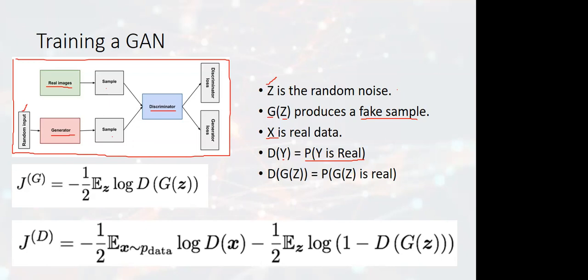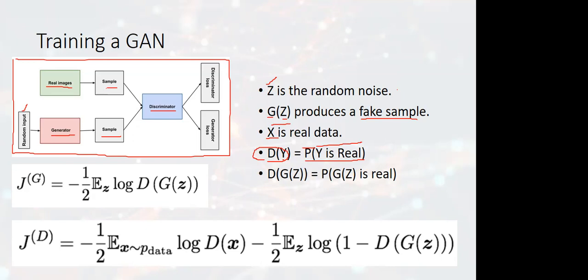If the discriminator is taking in a real sample, we want the probability to be high since it's real. And if it's taking a fake sample, we want the discriminator to say that it's fake. So if it's taking G of z, then D of G of z should be really low, since that's not real, and this is a probability of being real.